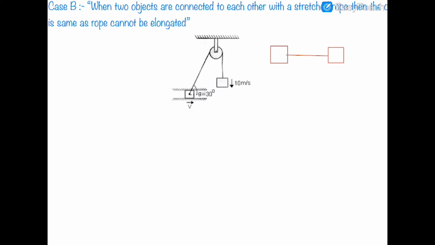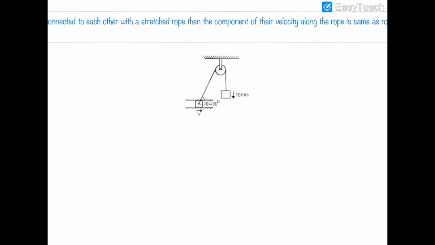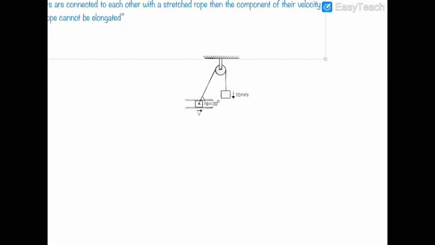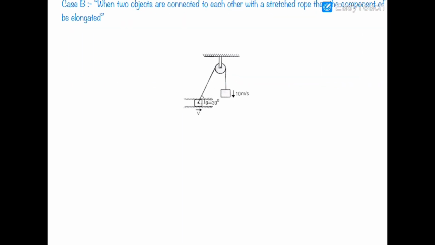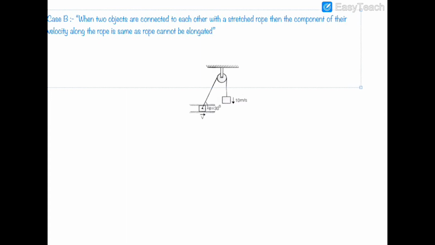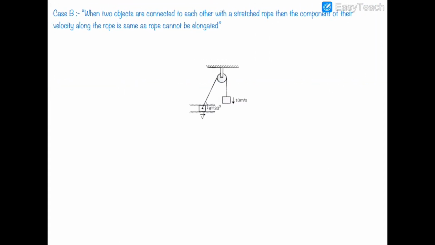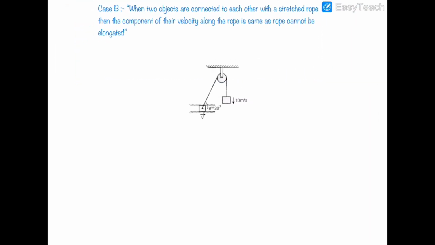It states that when two objects are connected to each other with a stretched rope, then the component of their velocity along the rope will be the same, as the rope cannot be elongated.